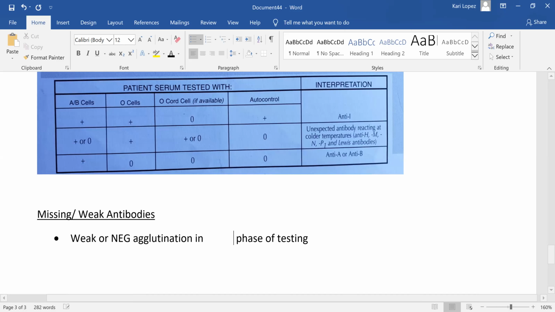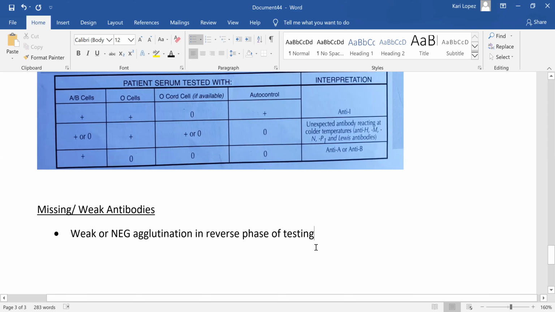If we were talking about weak or missing antigens, then we'd talk about forward. So that's how you can narrow it down too. If you're looking at a set of results and it's asking you what the issue is, you can start off by knowing, okay, is this an issue with forward typing or reverse typing? And once you figure that out, then you can say, okay, this has to do with missing or weak antibodies or extra antibodies, and you can figure out your reaction there and think about which ones are in that group.